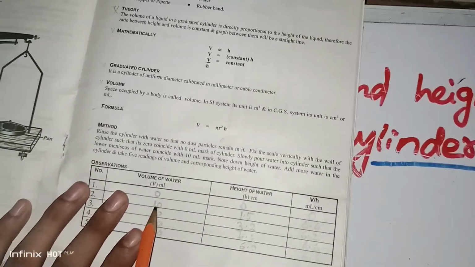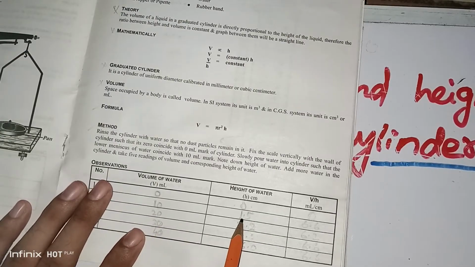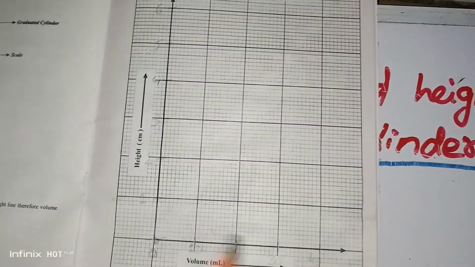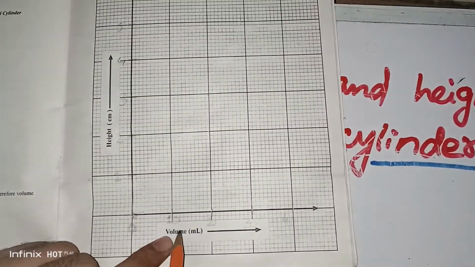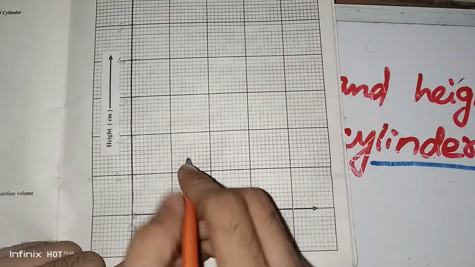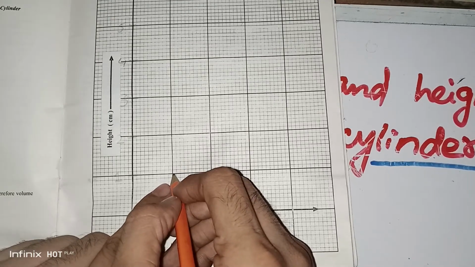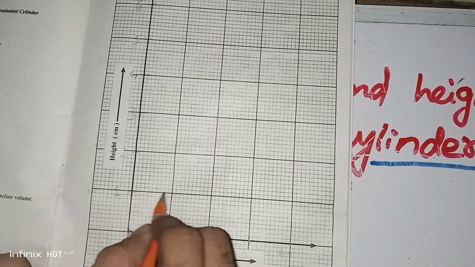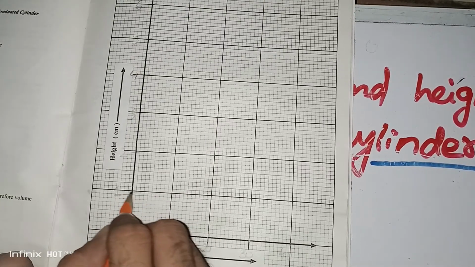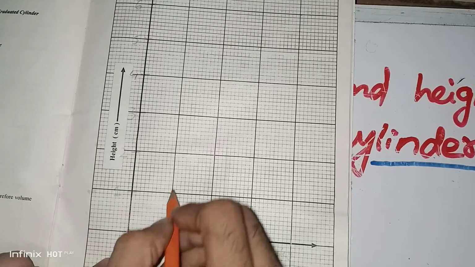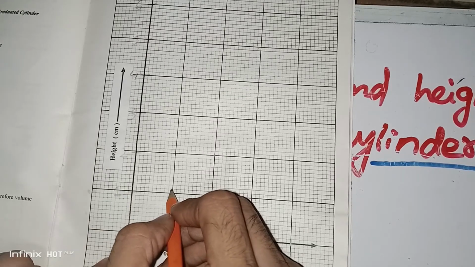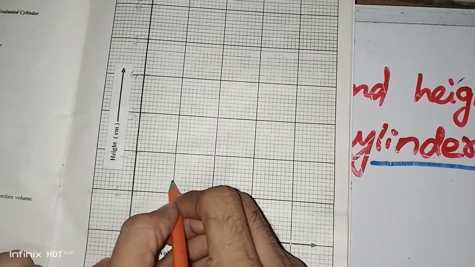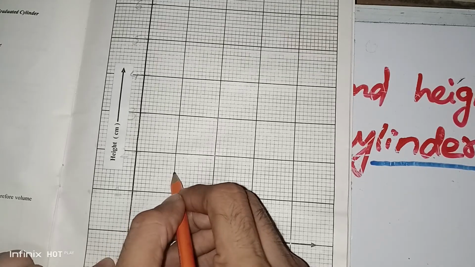Our second reading at 10 ml, the height of water is 1.5. Here is 1, which represents 1 centimeter height of water. From here we will count 1.5: 1, 1.1, 1.2, 1.3, 1.4, 1.5.